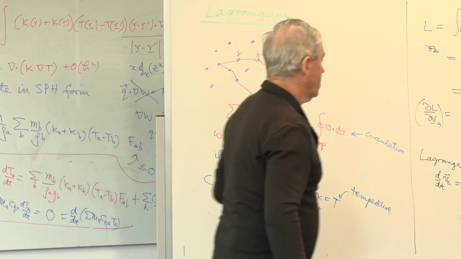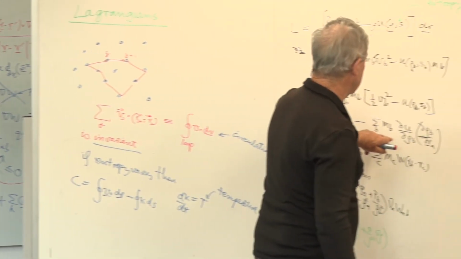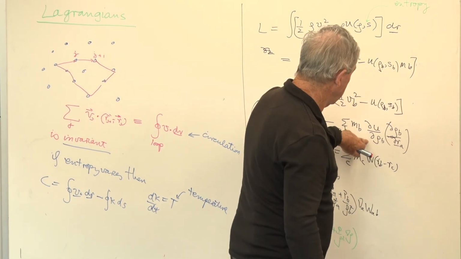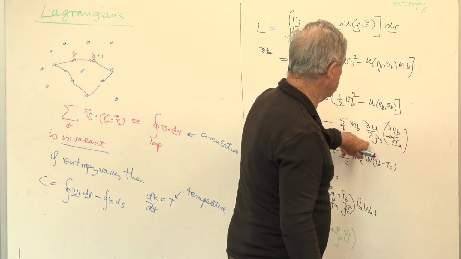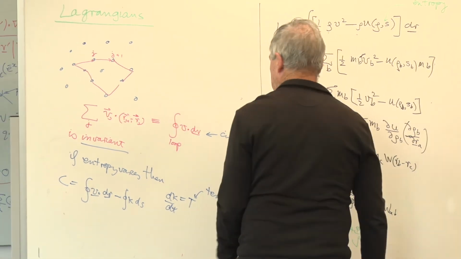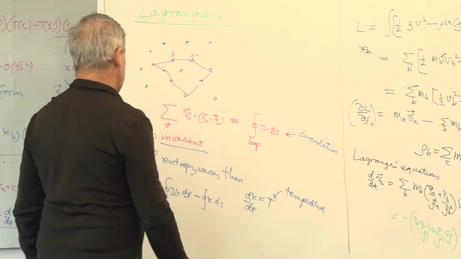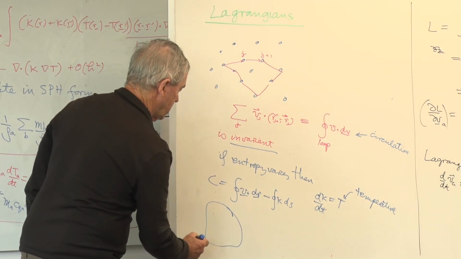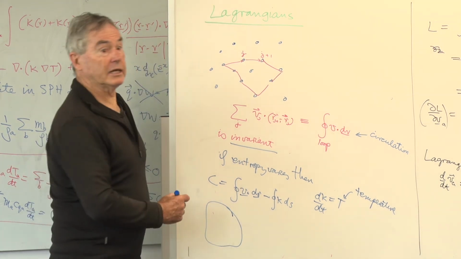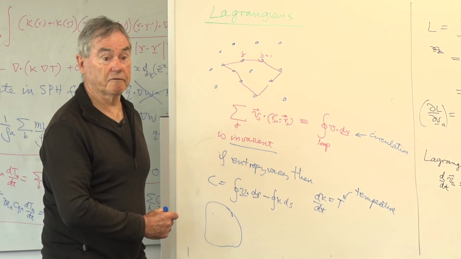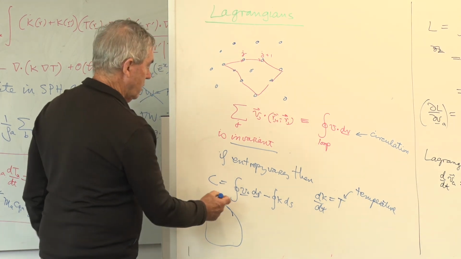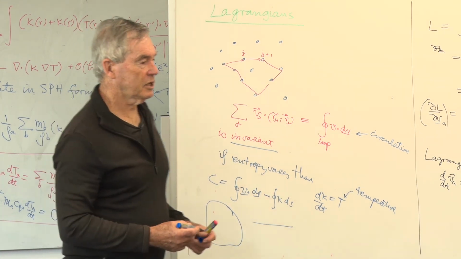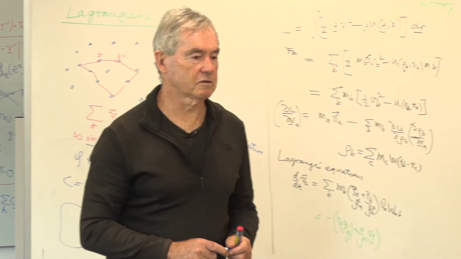So you get this because you differentiate this with respect to the entropy and have a delta S when you make the changes. And differentiating this with respect to the entropy gives you a temperature. And then you write the temperature as d kappa dt. Now the interesting thing about this is that if you had, say, a polytropic gas, but each element of fluid had its different entropy, then whatever motion you have in here, this should be conserved. And actually it leads to measures of the stability of the system.